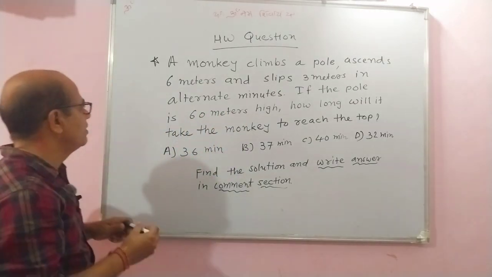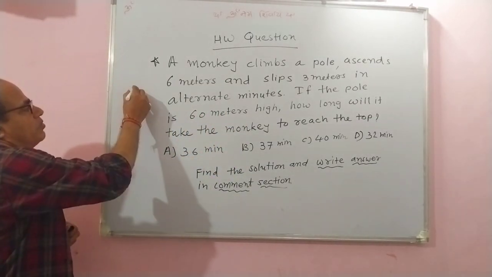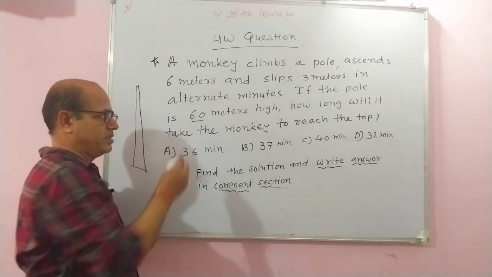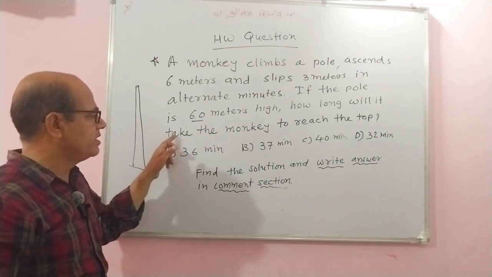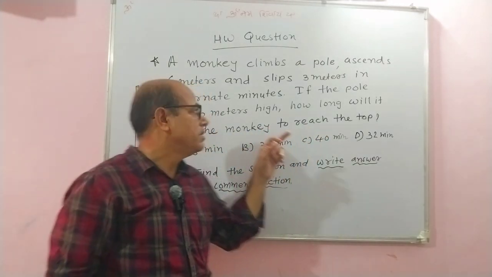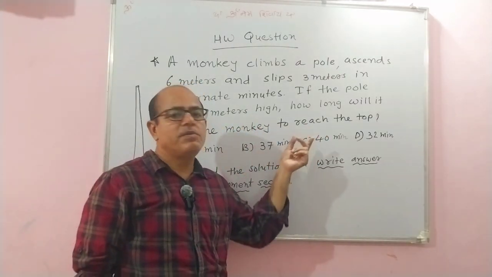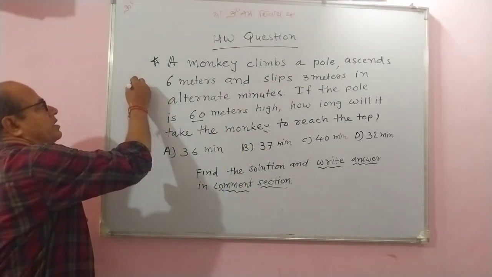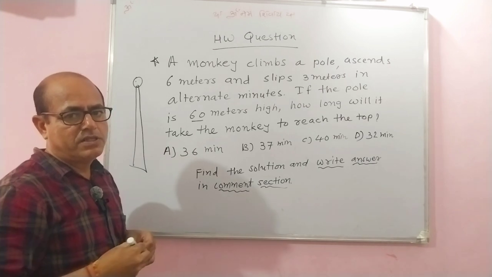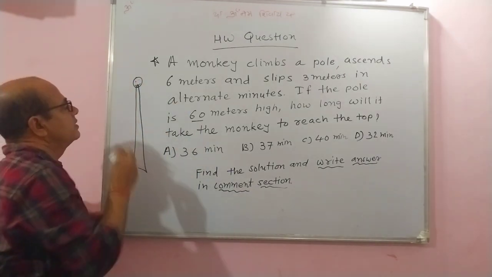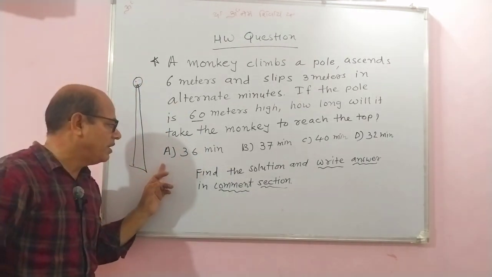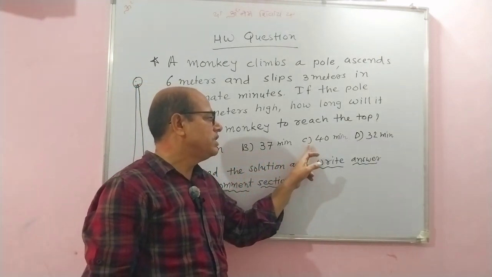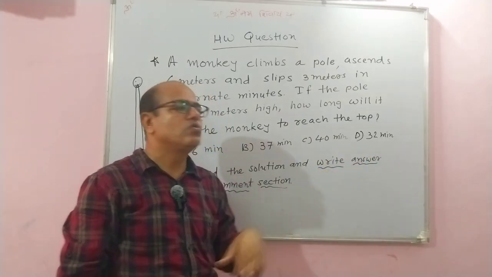He is climbing on one pole, whose height is 60 meters. How long will it take the monkey to reach the top? The pole height is 60 meters, and how much time will it take to reach the top? Here the monkey has to reach, right? So options are A 36 minutes, B 37 minutes, C 40 minutes, and D 32 minutes, right?